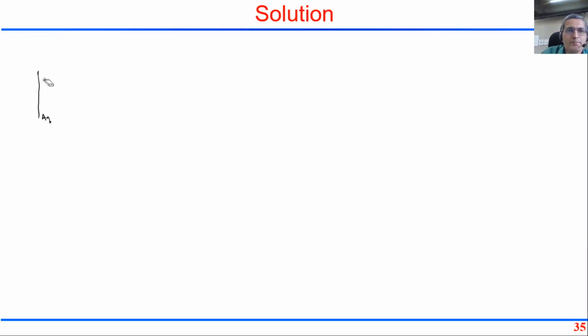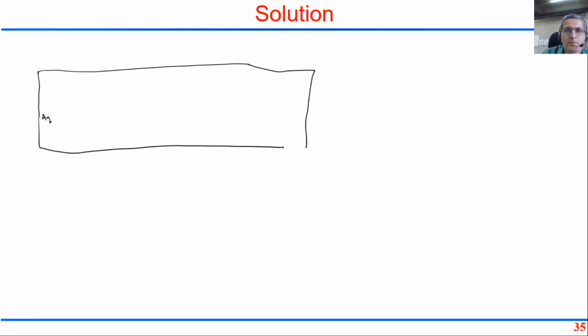Let me make this aqueous phase a little bigger so that we can draw these things properly. So in the aqueous phase, we have this AH, but it is also going to dissociate as A minus and H plus. Are you able to visualize so far?